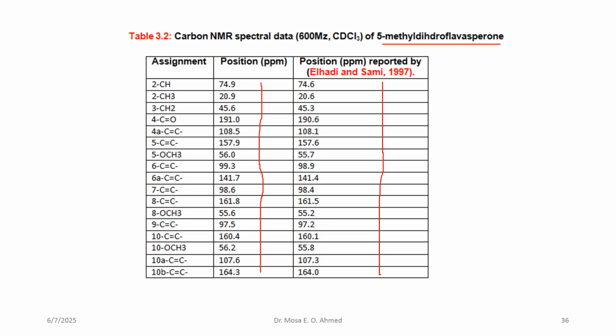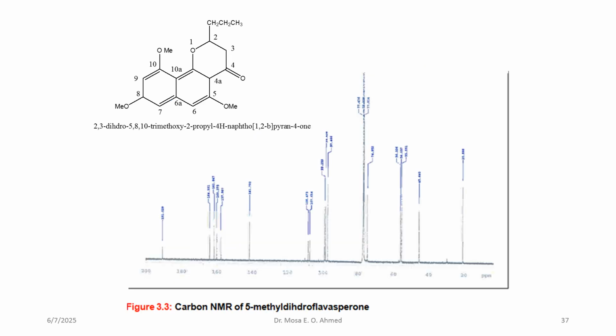The compound consists of 10 carbon atoms with the same chemical shifts or positions. After we compare the carbon 13 NMR and proton NMR obtained to results reported in literature, we end with the structure of the compound 5-methyl dihydroflavasperone, which is an aromatic compound with a benzene ring.